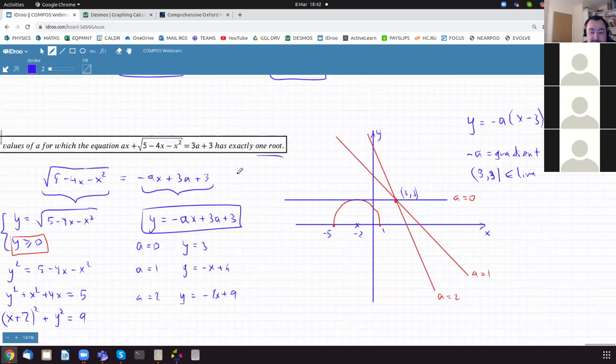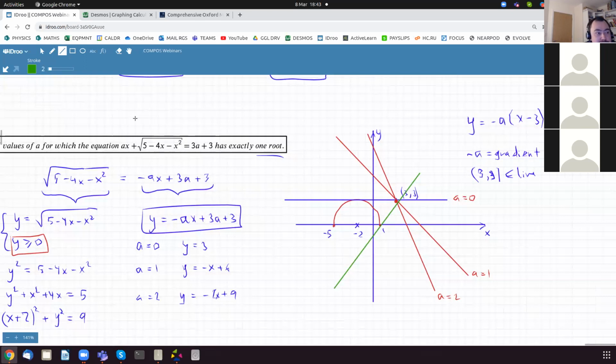And obviously, you just need to find the value of the gradient for which there's only one solution. Well, we can see that if the line goes like this, it has exactly one solution.